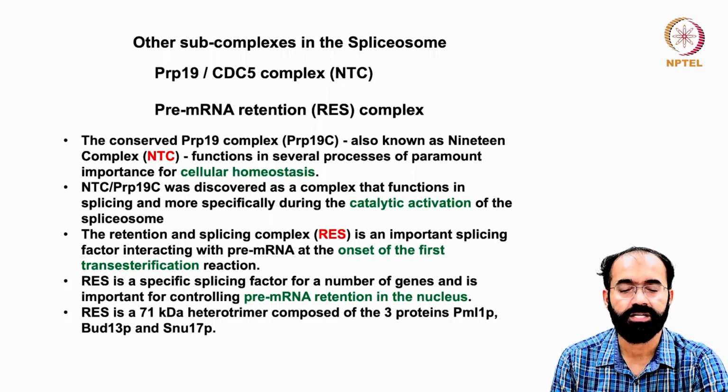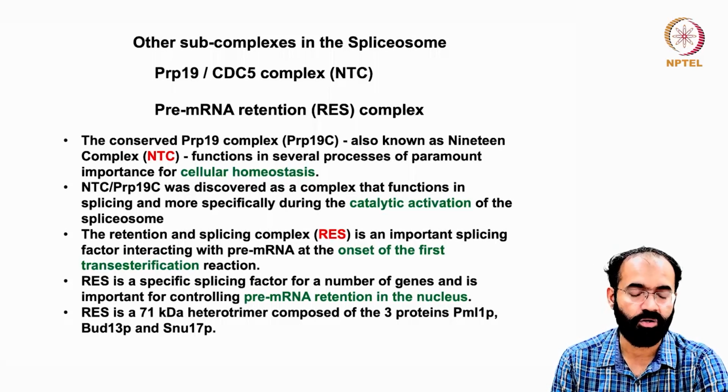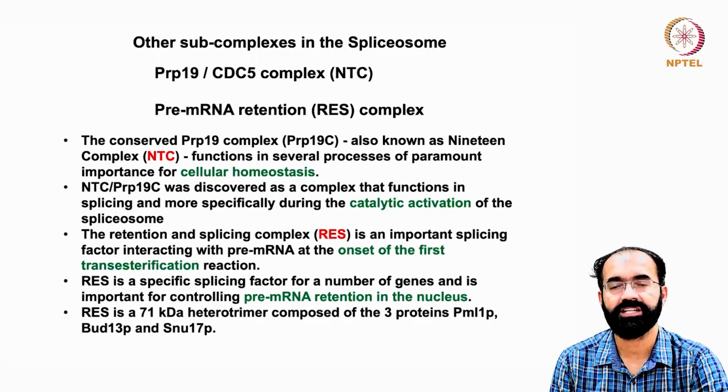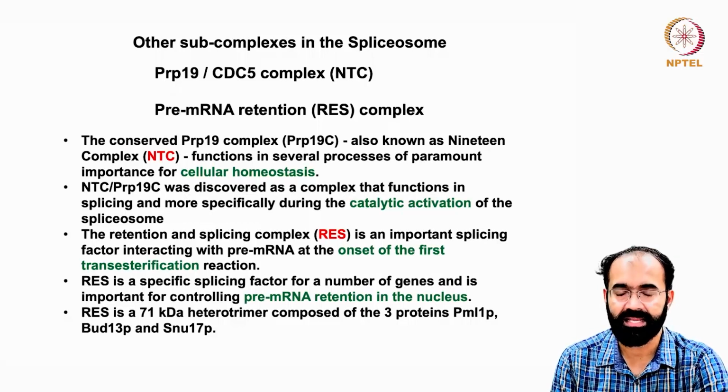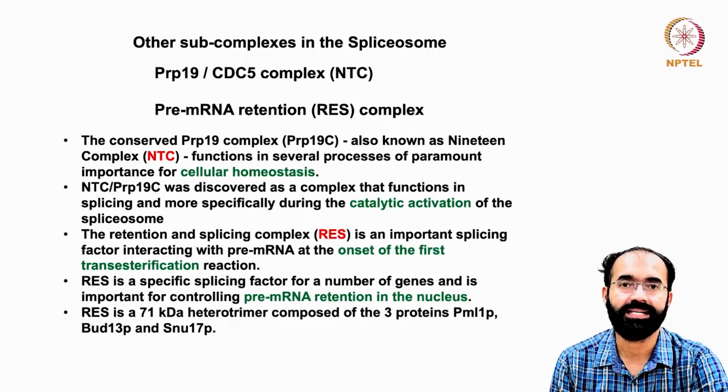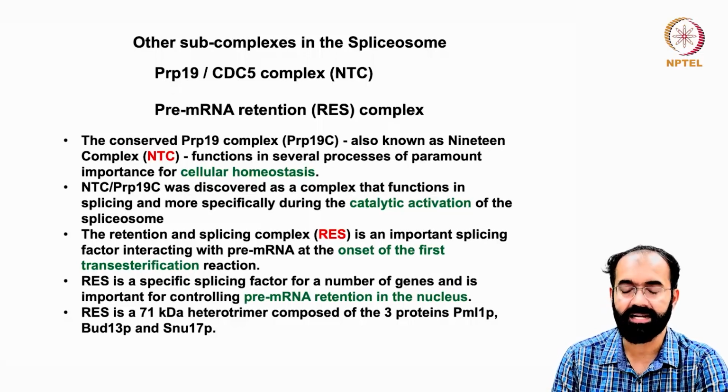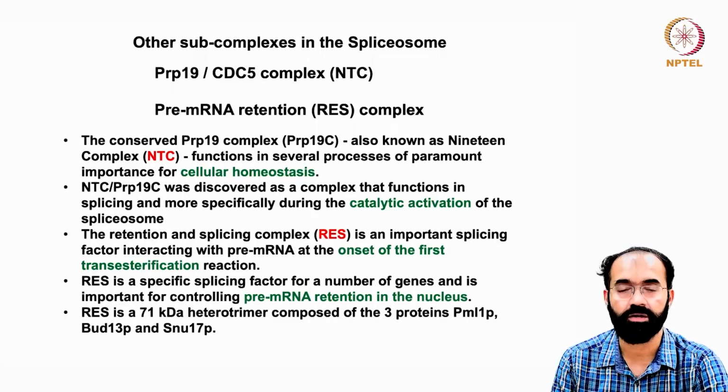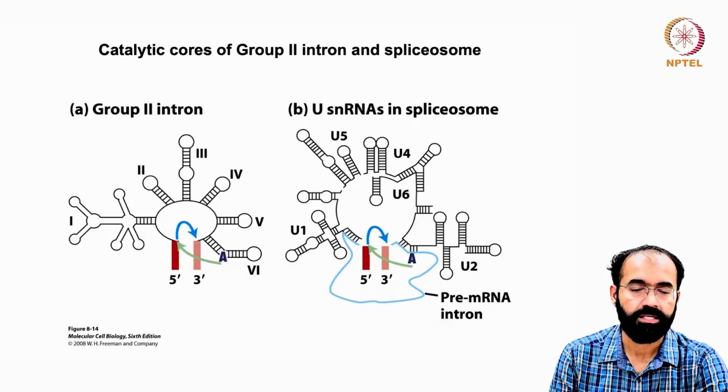So these 3 together constitute the RES complex. Why is this mentioned here now? Because we should not assume if U1, U2, U3, U4, U5 are there, they can continue to do the splicing. They need to have a kickstarter or a regulator.